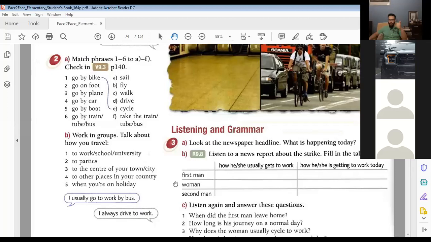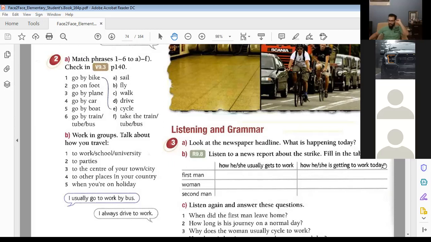There are two men, first man, second man, and there's a woman. They're going to talk about how they usually get to work, but how they are getting to work today, because the strike is today. Do you get the idea? Yes.